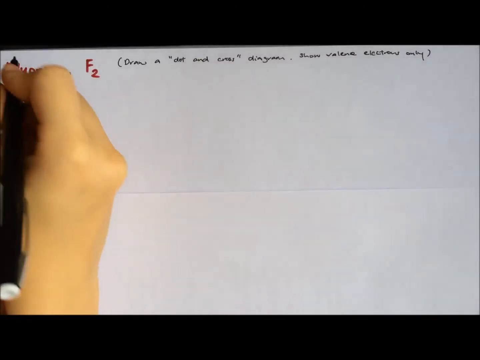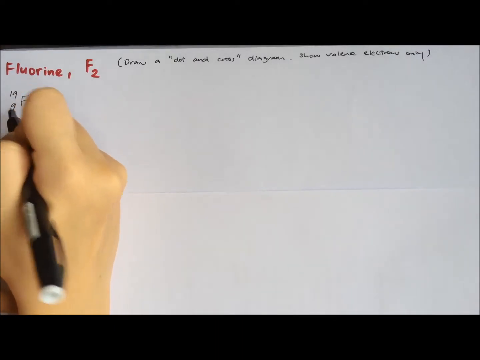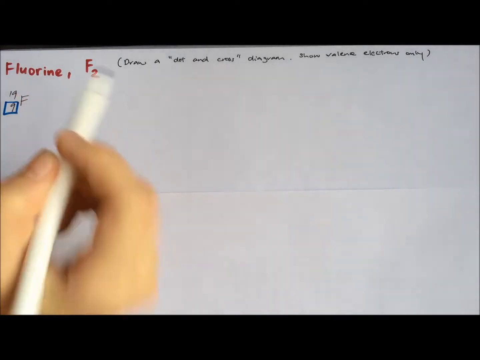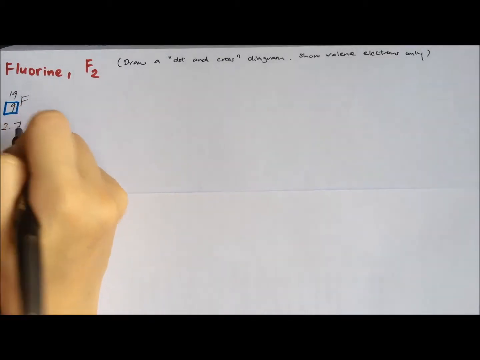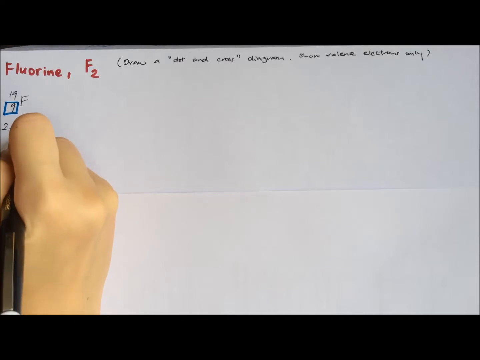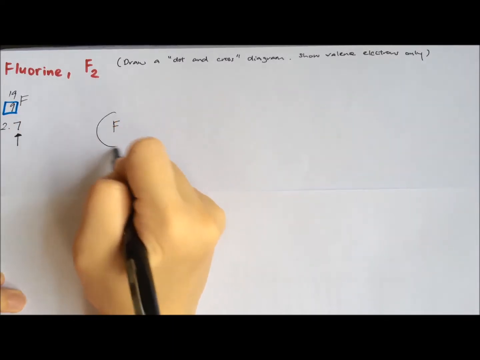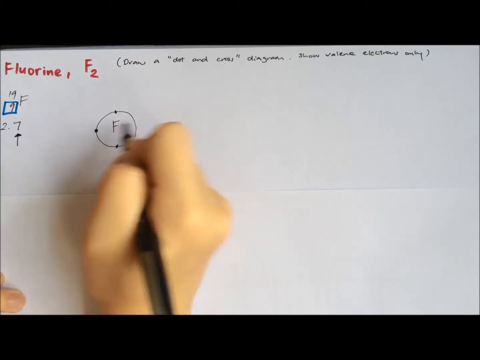Okay, next, fluorine, a non-metal, and there are two fluorine atoms together. So you see that fluorine has 9 electrons, meaning 2,7, and they say here, show the valence electrons only. So we will draw fluorine with 7 electrons, top, bottom, left, right.